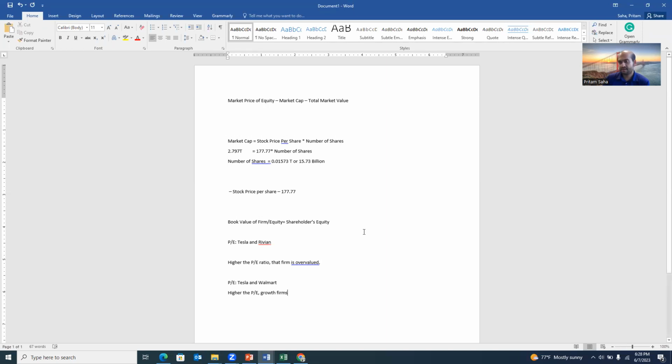But if we just talk about general PE across different companies, higher PE means growth firms, lower PE means value firms. Value firms are companies that do not have a lot of growth opportunities going forward. They mostly do sustainable business. This is how you should interpret PE.